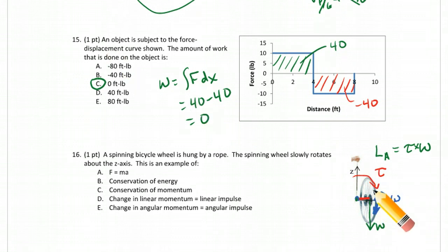Okay, so the axis of omega would actually be coming out. So we have our torque axis, I'm going to draw it with an X going into the paper. We have an omega axis coming out. Okay, so torque cross omega going in, cross this vector to the right, would give us a vector pointing downward.